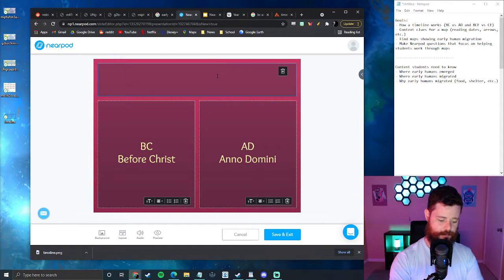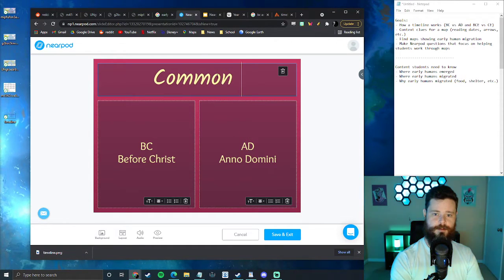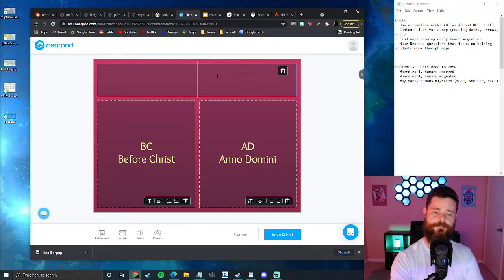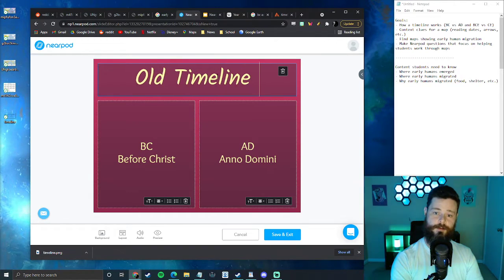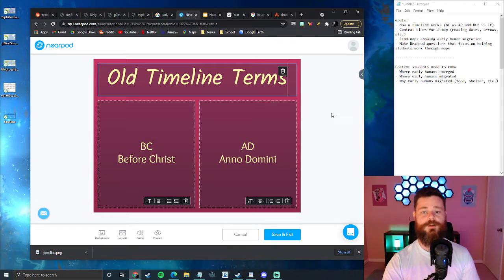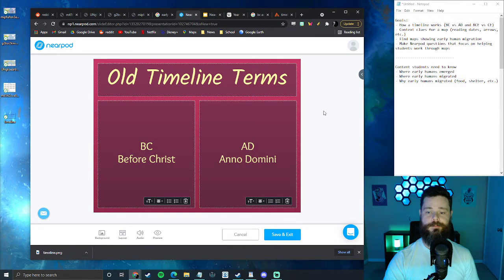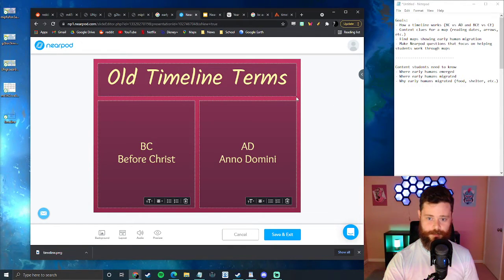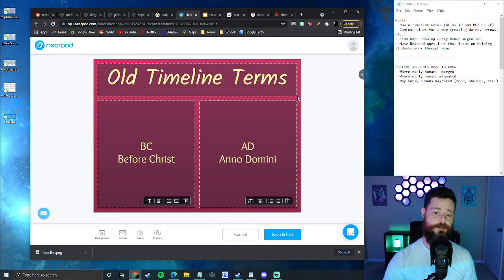Okay, so old timeline terms, because we can talk about how largely historians and society at large have kind of transitioned away from BC and AD. Usually I just use these two because that's what they're already familiar with. That's the terminology that they've been used to using.